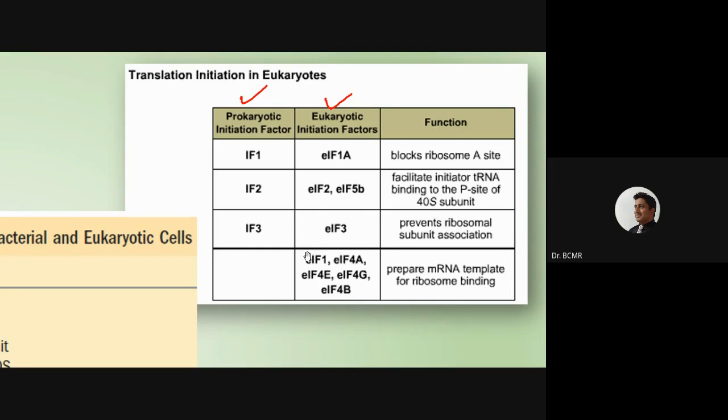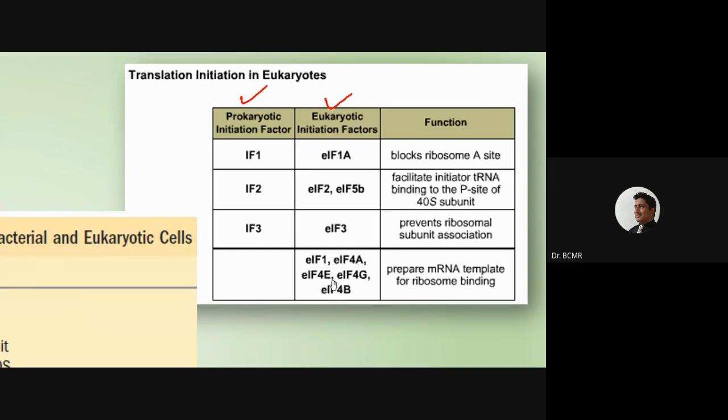But there is a significant variation at the level of initiation, and that's to prepare the mRNA and also a little bit about the ribosome as well for initiation of translation in eukaryotes. For that, we need so many factors: EIF1, EIF4A, and so on.